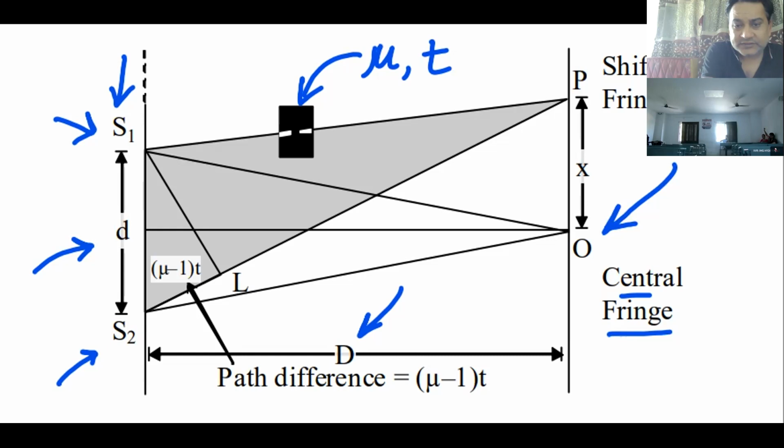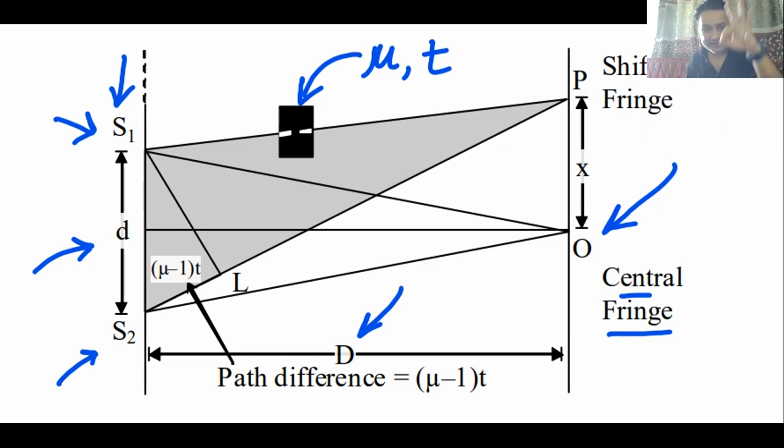Because of putting this glass slab, what has happened is this central fringe and all the other fringes, whether it is the first dark or first bright or central dark or second bright, all the fringes get shifted by a distance x.